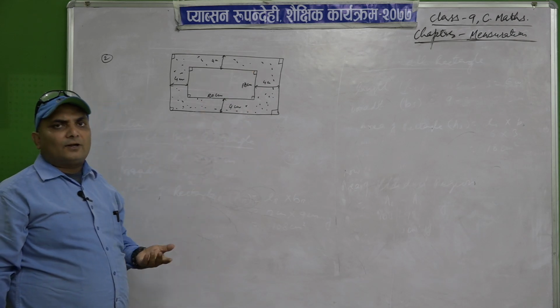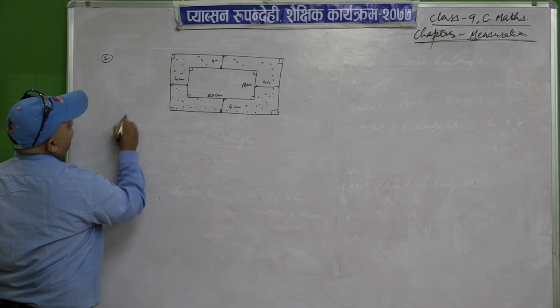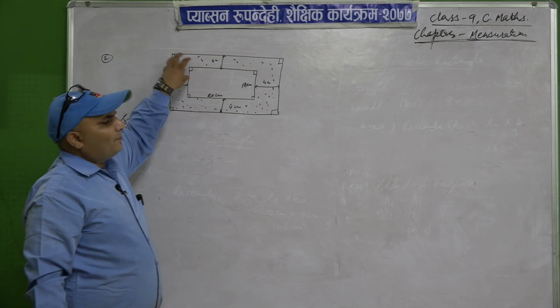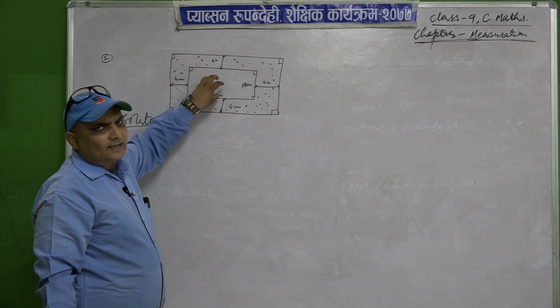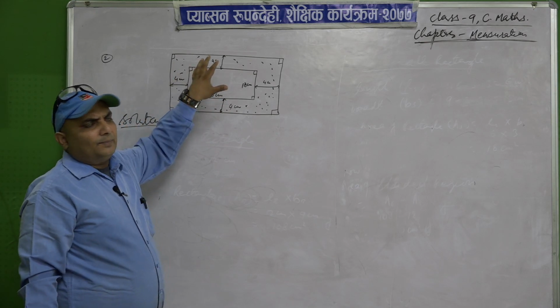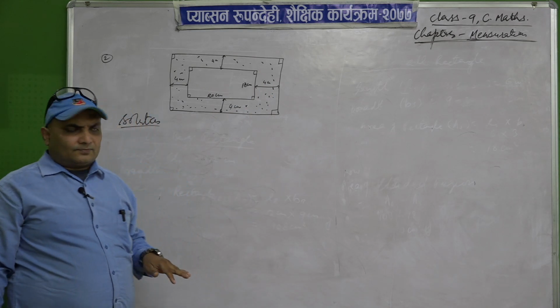So how can we find out? Same way. Solution same way means first find out area of big rectangle, then area of small rectangle, then subtract area of small rectangle from the area of the big rectangle, then we will get area of the shaded region.